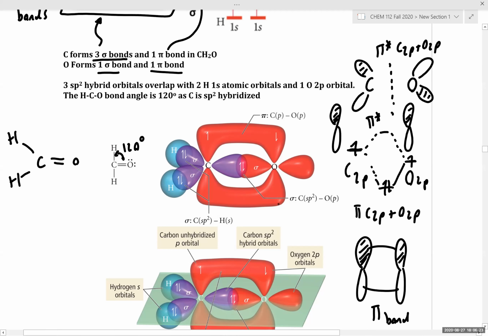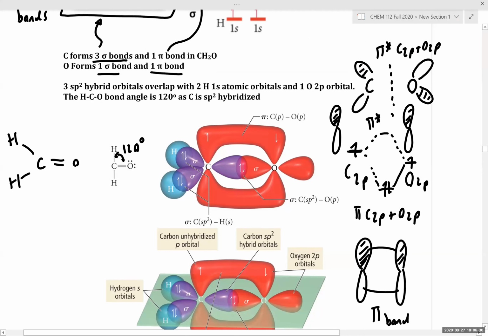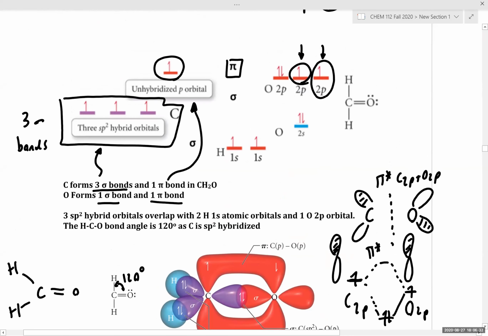Perfect. Now, going back to our picture for oxygen, what do we notice? What do we notice for oxygen that's a little bit interesting? What does oxygen have? Just looking at this picture. Has a lone pair, exactly right.